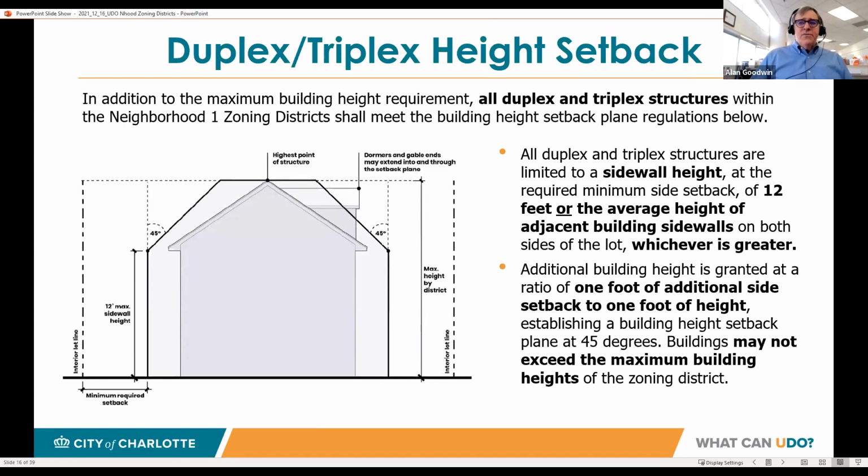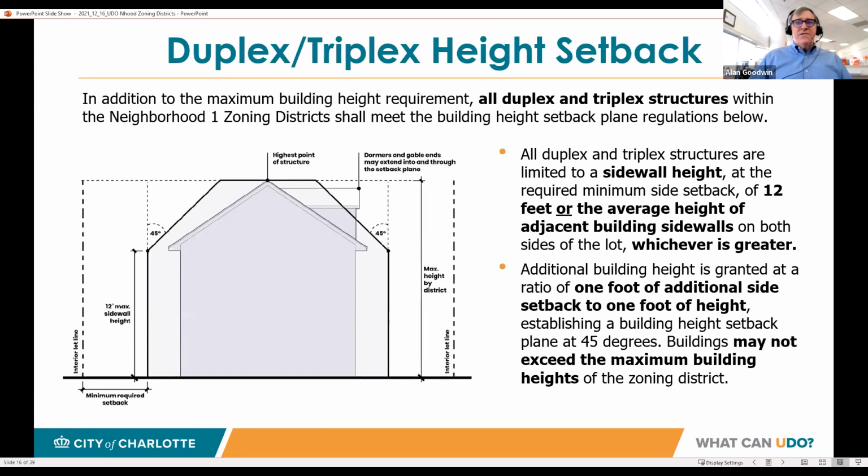So the intention of this is, for example, if there is a neighborhood of single family 1-story houses, chances are their sidewalls are probably not greater than 12 feet. What this would mean is that if you wanted to build a duplex or a triplex in that area, you would look at the sidewall height of the house on either side of you.